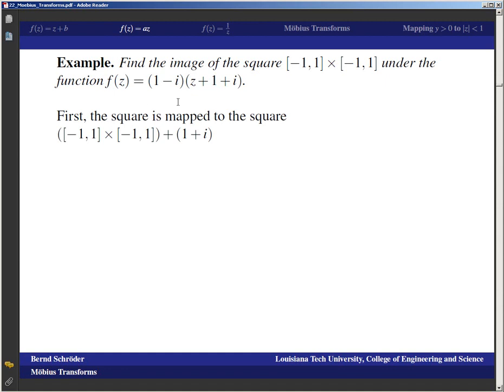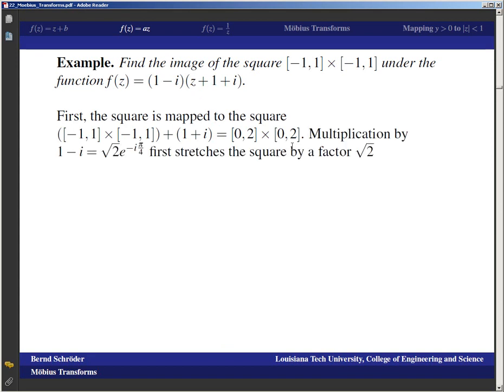So first of all, the square is mapped to the square [-1, 1] cross [-1, 1] plus (1 plus i). Well, if you add 1 plus i to it, that means you're shifting 1 to the right and 1 up, which means you're taking the square [-1, 1] cross [-1, 1] and you map it to [0, 2] cross [0, 2].